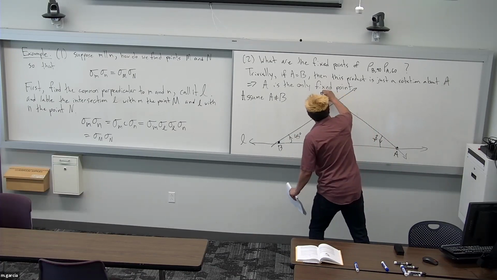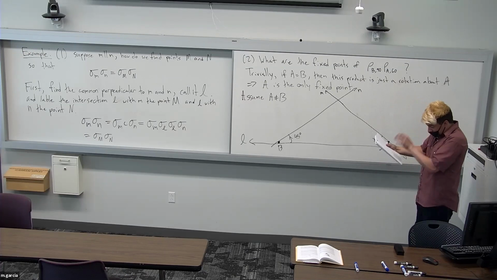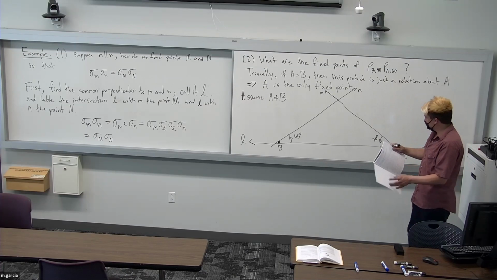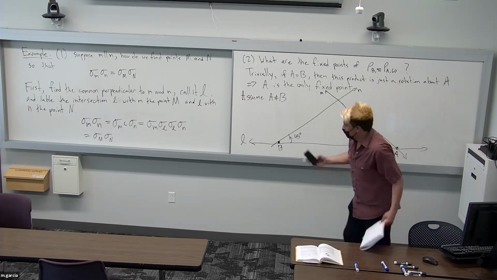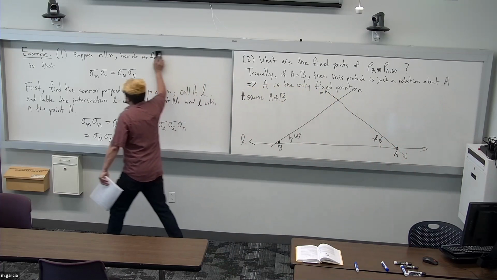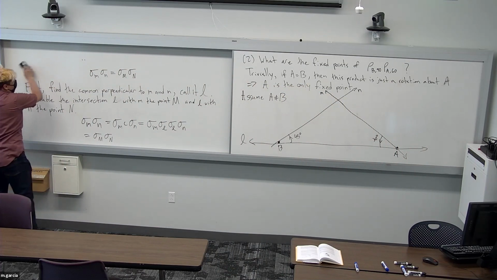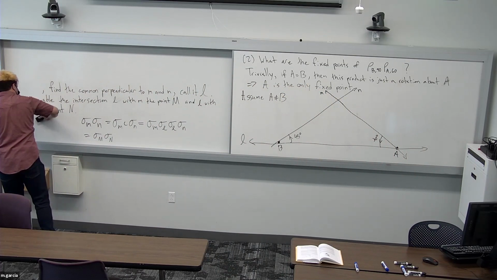Here's my M, here's my N. Once I've drawn these lines, or if I wanted to work analytically, I could describe their equations, but there's no need to do that here.